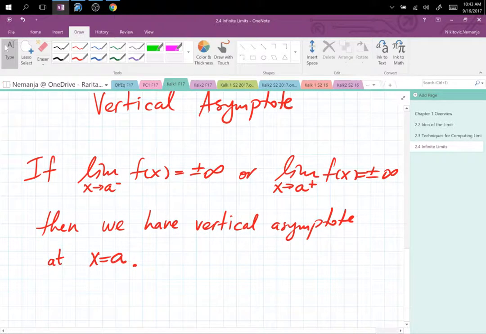This is your definition of a vertical asymptote. So if any of the one-sided limits go to any of the infinities, you have a vertical asymptote there.